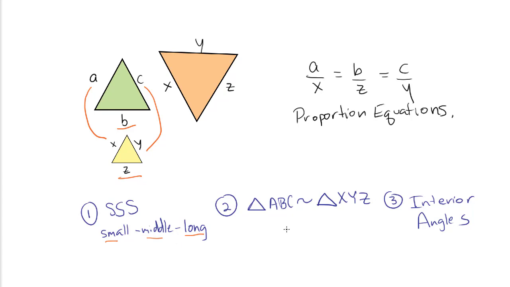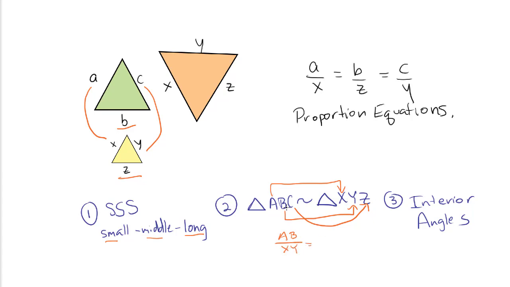Number two, if I'm given a similarity statement like triangle ABC is similar to triangle XYZ, they just told me what sides are corresponding. A vertex corresponds to X. The middle corresponds to the middle, and the end corresponds to the end, which means side AB is proportional to the first two, XY.